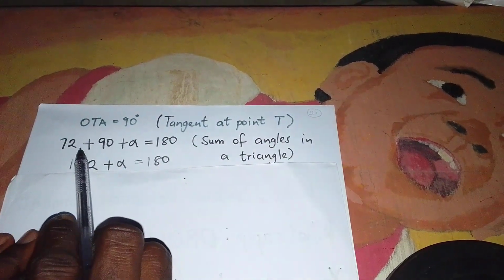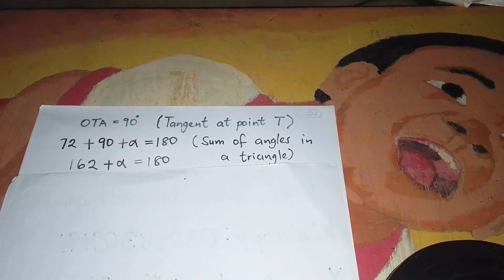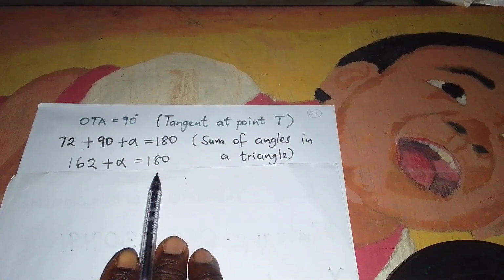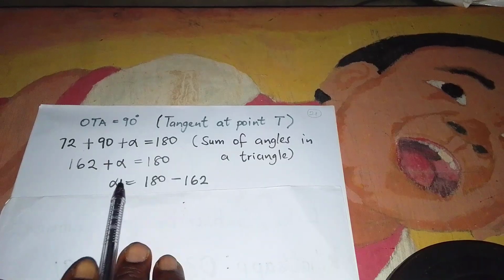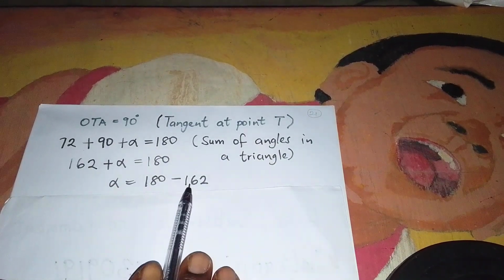So 72 plus 90 will give us 162, plus the angle we are told to look for, alpha, is equal to 180. To get alpha, you bring the 162 to the other side.